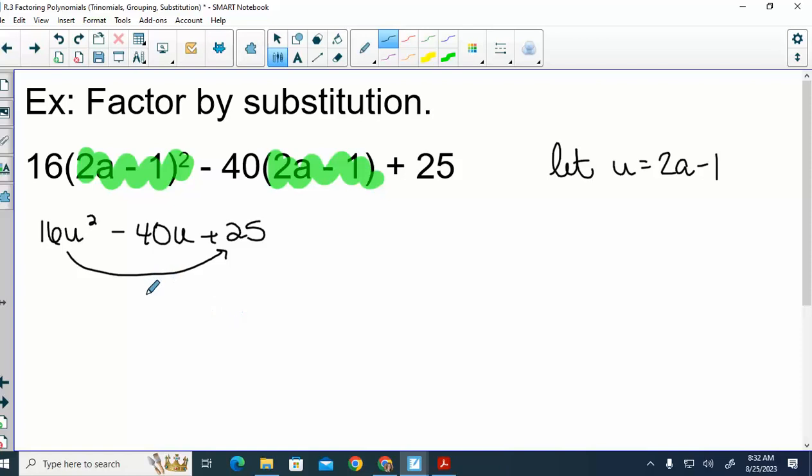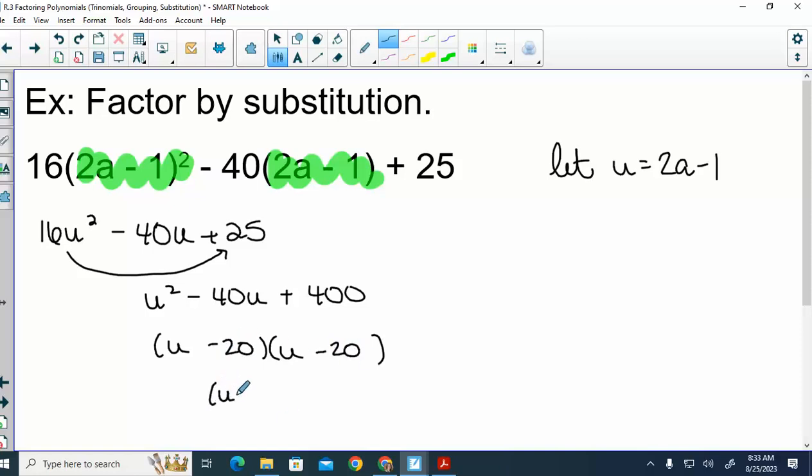Do slip and slide. 25 times 16. 400. Multiply to 400, add to negative 40. Just u minus 20 squared.